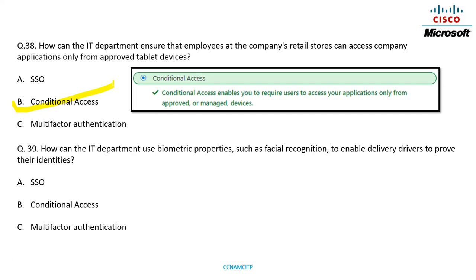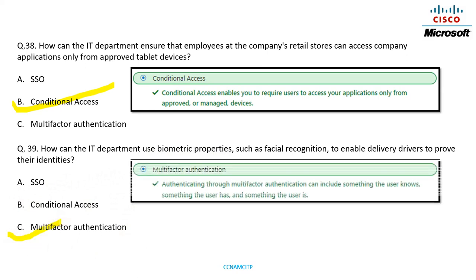The next one is, how can the IT department use biometric properties such as facial recognition to enable delivery drivers to prove their identities? So here, to ensure biometrics, they should use multi-factor authentication.